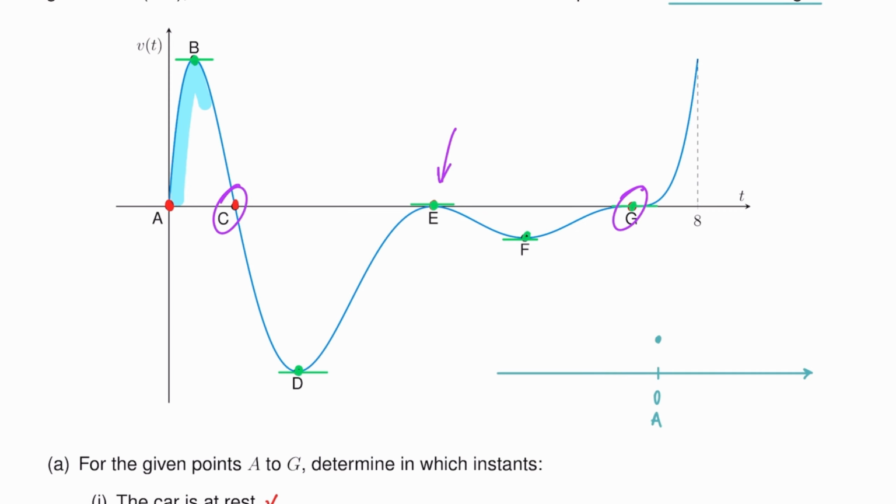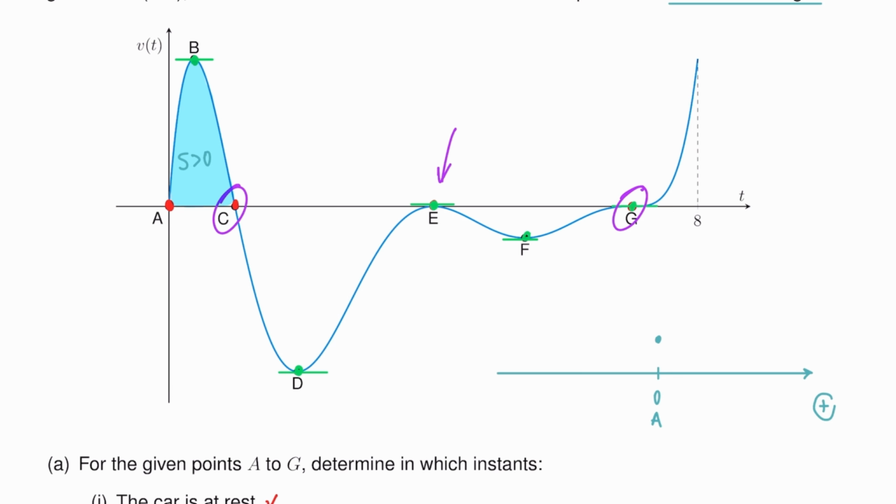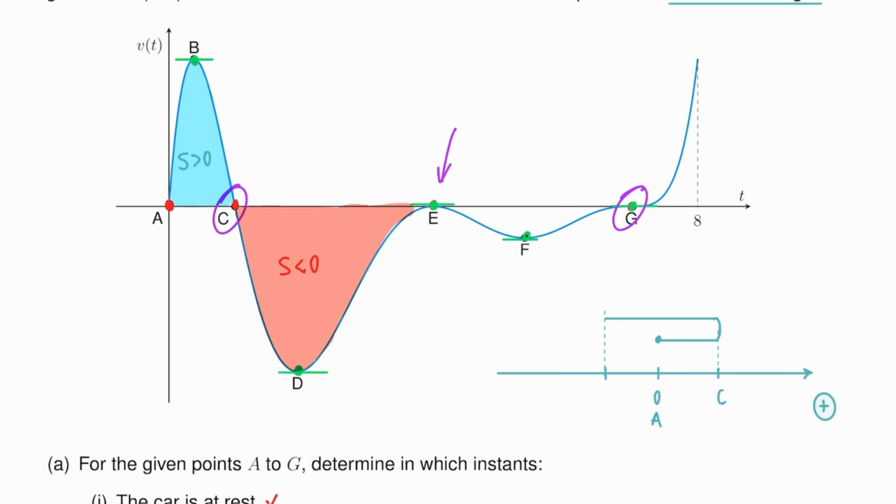As we go from point A to point C, the displacement, which is positive, and which is the area under this curve, will make this object go to the positive orientation of this axis, so he's going to go to point C. Now from C to E, the area which represents the displacement is negative, meaning that he's going to go to the left. Now this is point E, and then he goes even further to the left, and this is point G, and then we have this last area, which is t equals 8. I'm just going to label 8 over here.